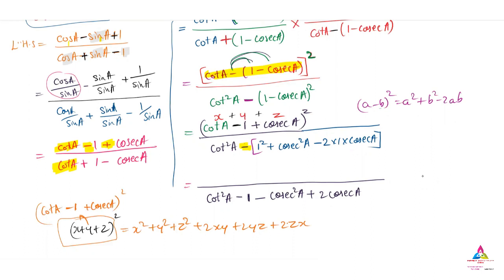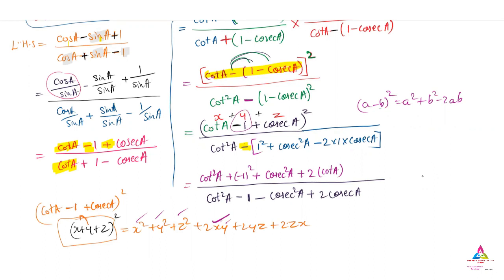So first one x square, that is nothing but cot square A. Next we have minus 1 the whole square, that is the 1 square only, so 1 only. So next one you have z square, that is nothing but cosecant square A. Next we have plus 2 times x into y, formula wise 2 times x into y. We have in x square, y square, z square. Now we have 2 into x into y. X value is here cot A, but the y value is here, y value is what here?